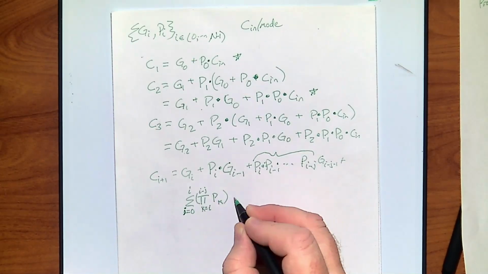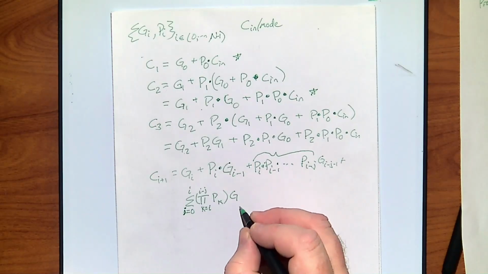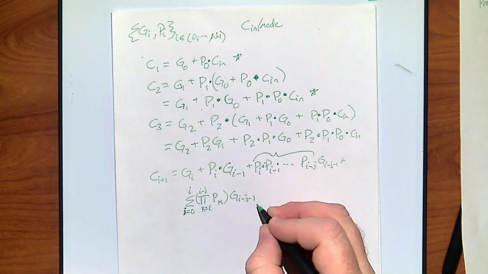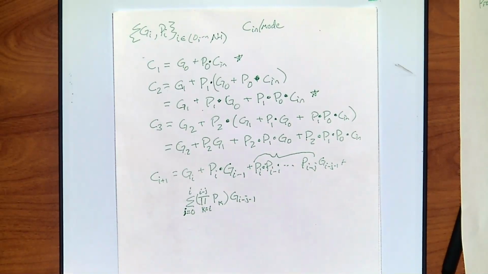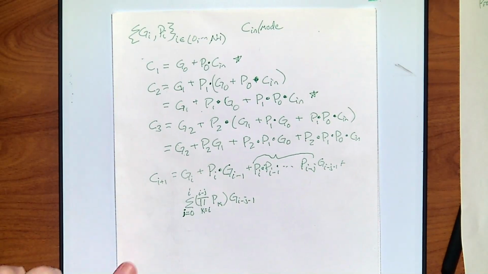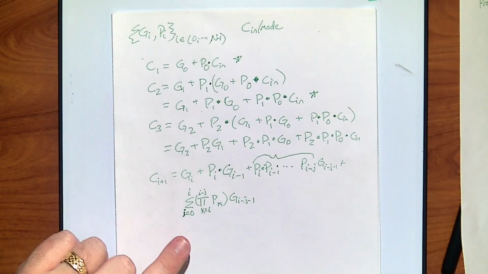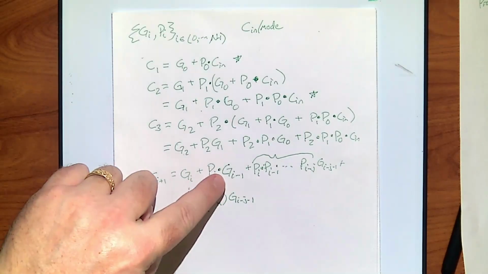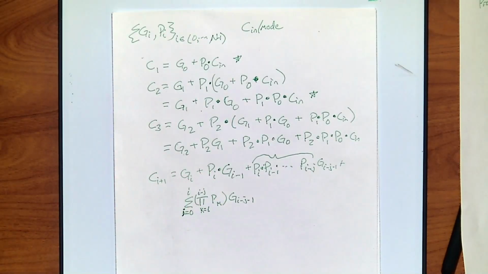This has to then multiply my G at i minus j minus 1. It should be one less than whatever this is, right? And this will run through, right, when j is equal to 0, that'll give me i minus 1, so it starts with this term.